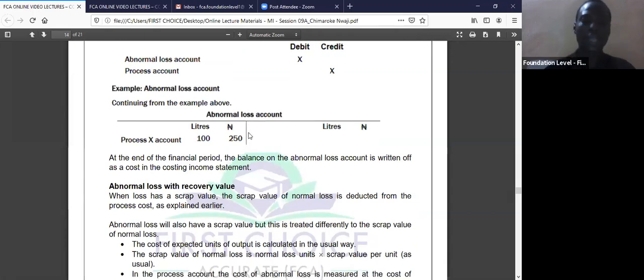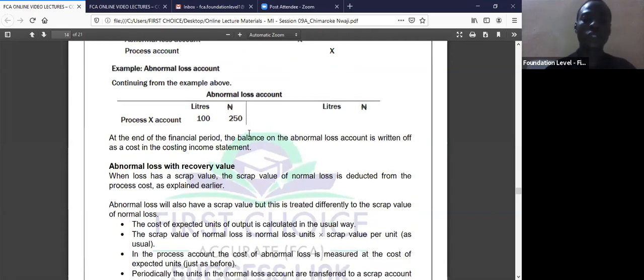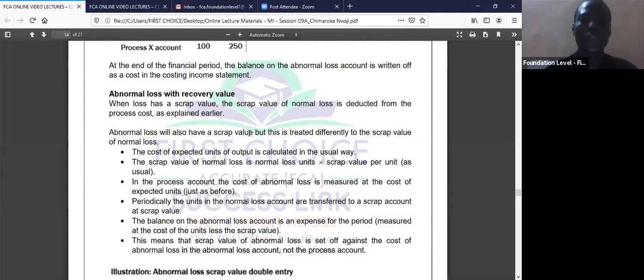Now we said abnormal loss with a recoverable value. How do we treat abnormal loss with a recoverable value? When loss has a scrap value, the value of normal loss is deducted from the process cost as we explained earlier.